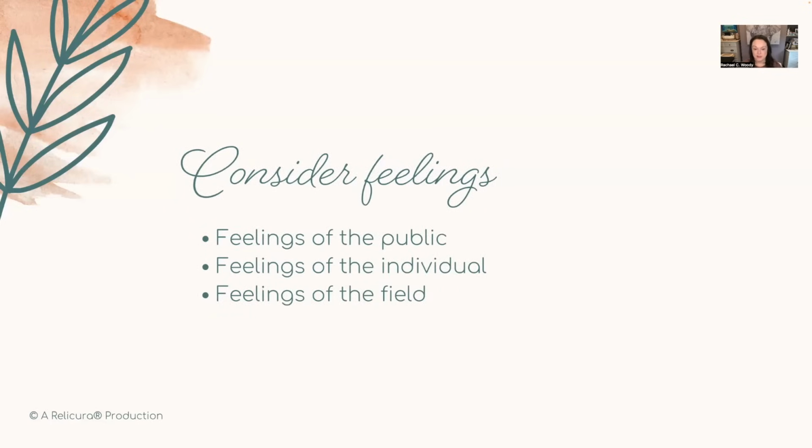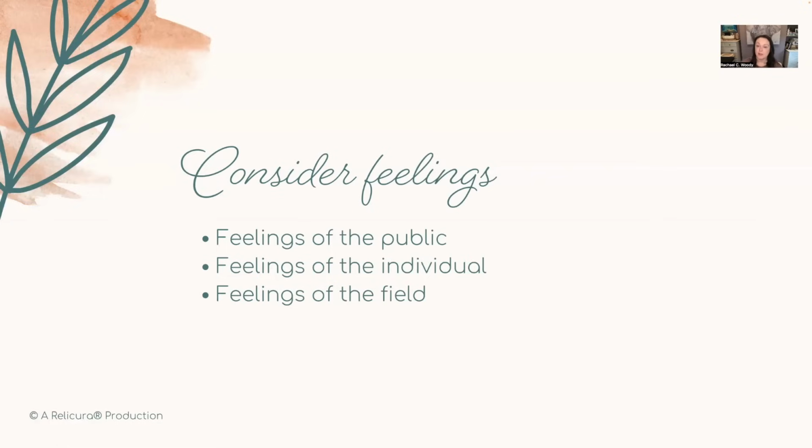And feelings. Feelings are a little bit different than ethics, but as you can imagine, there's quite a bit of crossover and parallel. And we want to make sure that we're considering, in addition to collections care, which is where we're coming from, in terms of wanting to take the best care of our collections based on the capacity and resources that we have, the feelings of the public, because for most of us, we are nonprofit, public serving institutions.